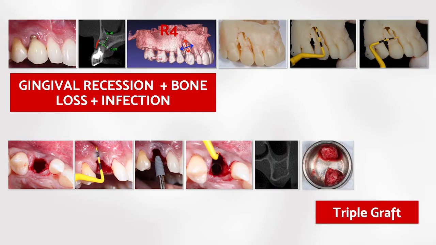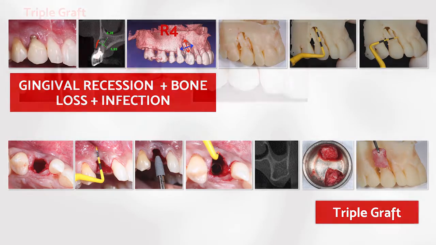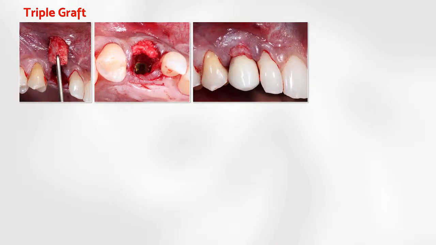From the tuberosity was taken a triple graft and particulate bone. We reshaped the graft according to the defect configuration, over the prototyping, and after this graft was matching the defect, it was inserted in the receptor site, in the patient's mouth.